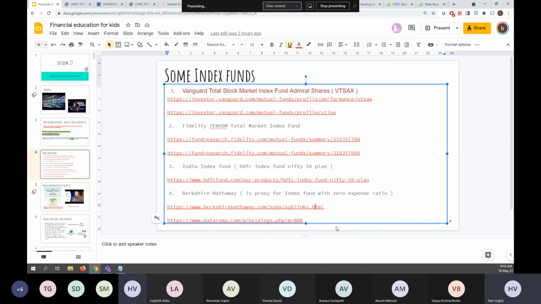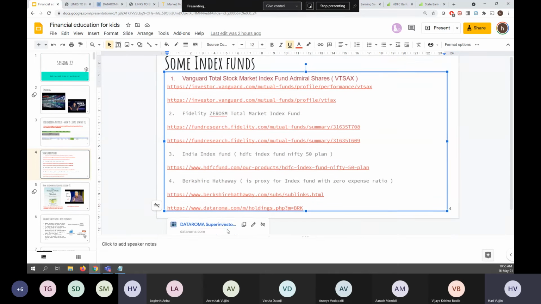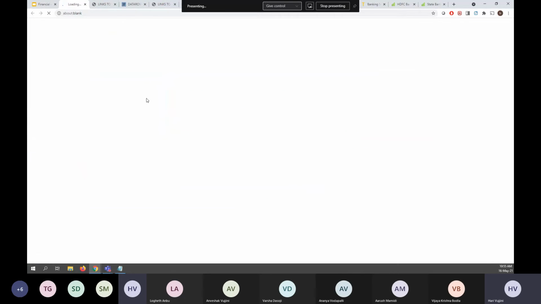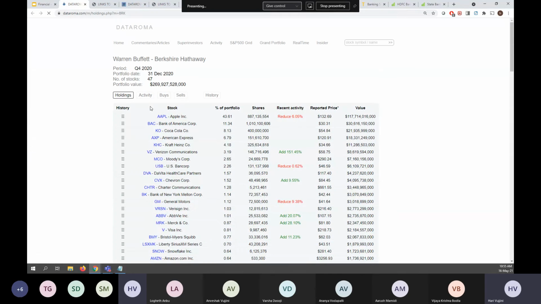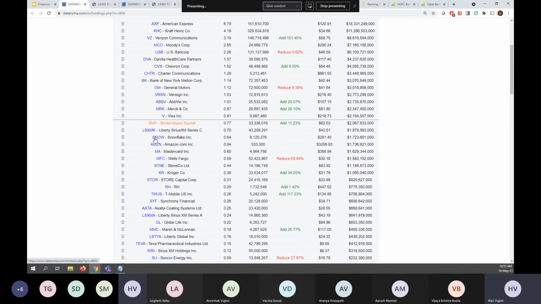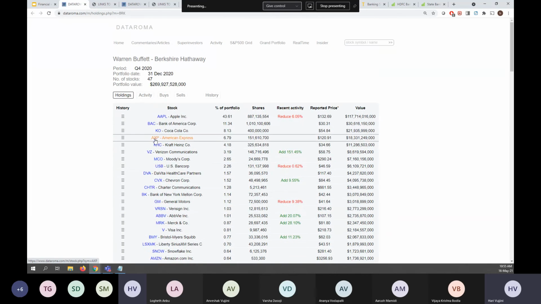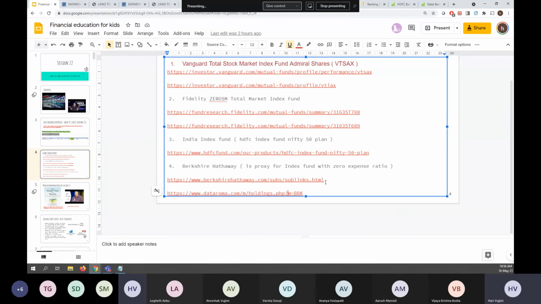On top of these companies, they also invest in stocks. I also gave you the link for the different stocks Berkshire Hathaway has in its portfolio. For example, they have Apple, that's 43%, and Bank of America, 11% of their portfolio. So the way you need to visualize Berkshire Hathaway is a combination of owned companies plus investments in publicly listed companies.